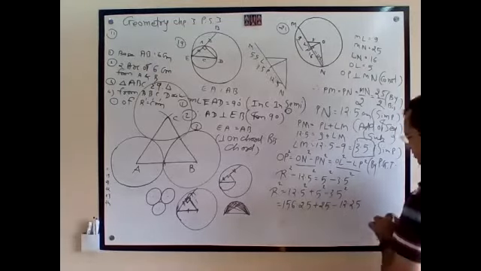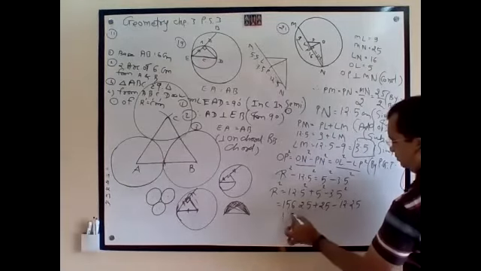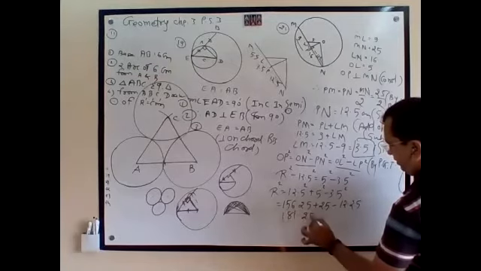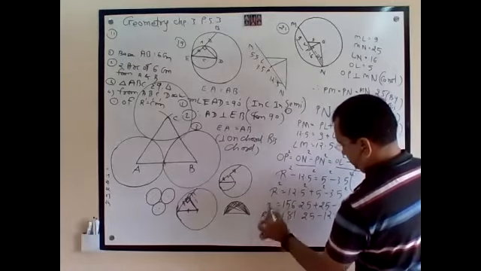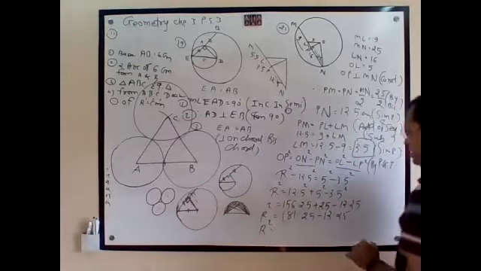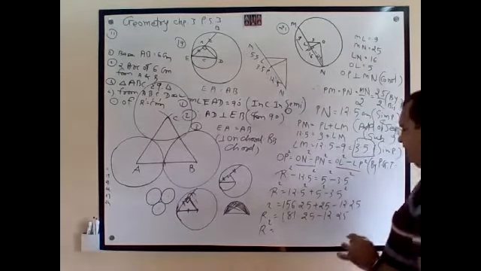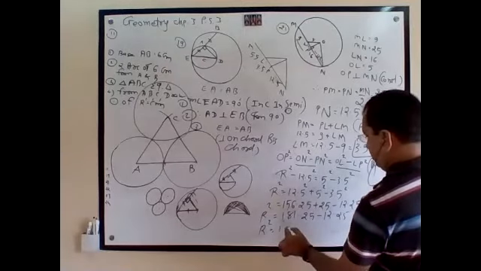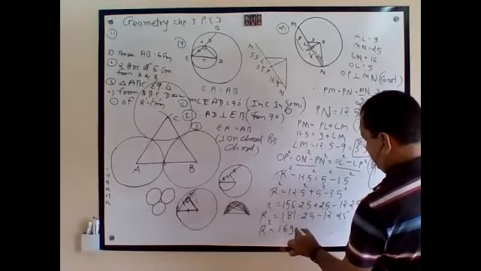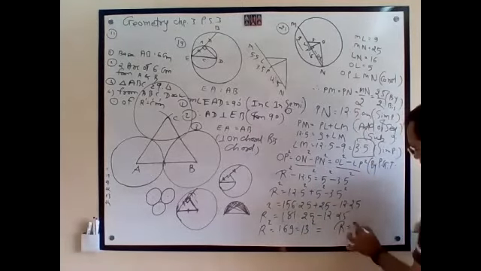Now first add this. So this is 181.25 minus 12.25. The .25 will reduce. 181 minus 12, so it is 169. It is 13 square. So R is equal to 13 centimeter.